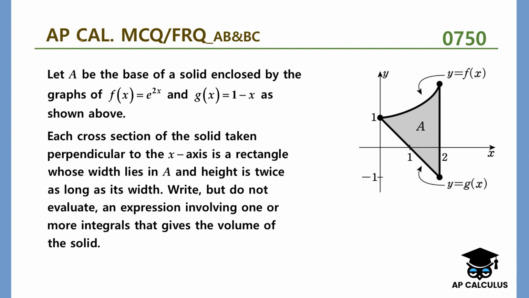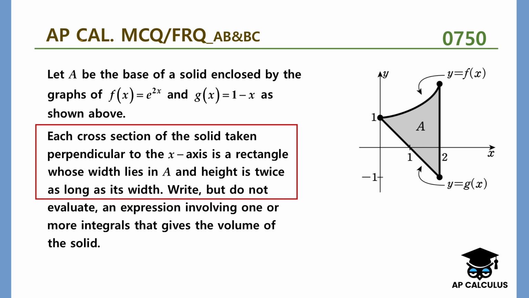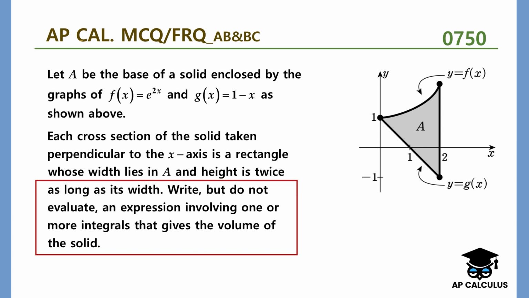Question 750. This time, each cross-section of the solid taken perpendicular to the x-axis is a rectangle whose width lies in A and height is twice as long as its width. Write but do not evaluate an expression involving one or more integrals that gives the volume of the solid.